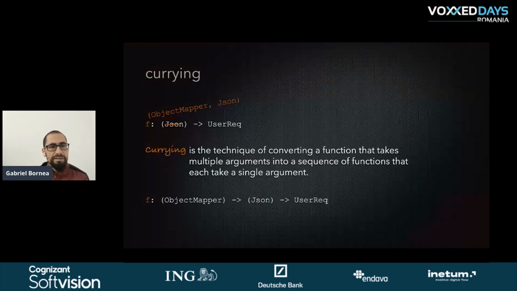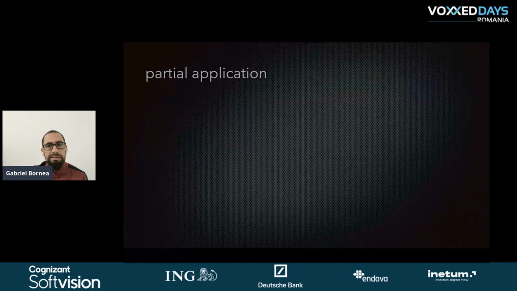So right now, f is a function that takes an object mapper as the first argument, and it returns another function that takes a JSON and it returns the user request. This looks nice, but this alone does not fix our problem with function composition. And for this, we need another concept, which is partial application.